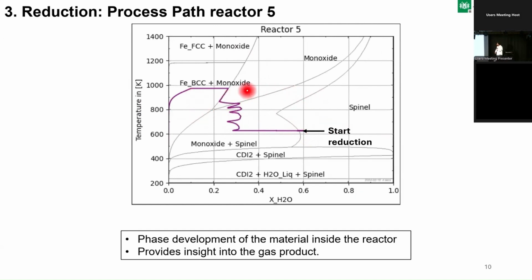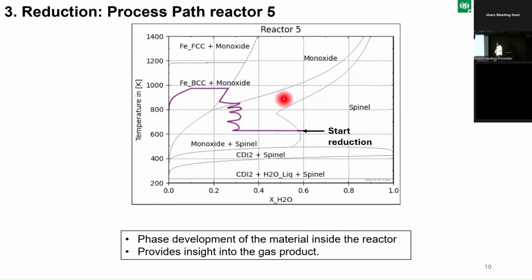So actually we can now know the phase development, or what actually happens inside the material. So at the end, with this information, we can know if the pellets will swell or will disintegrate, and so on. So this is a really helpful diagram for us.